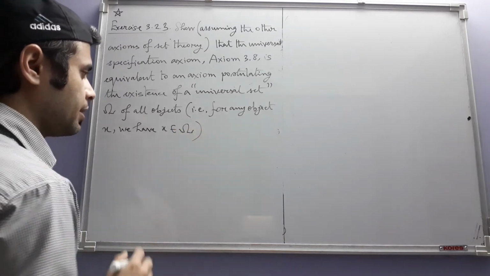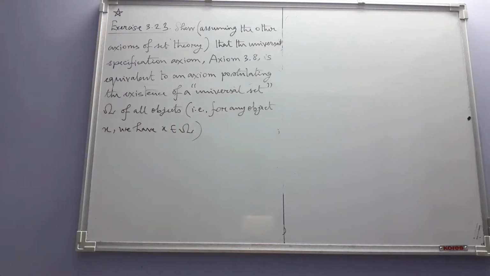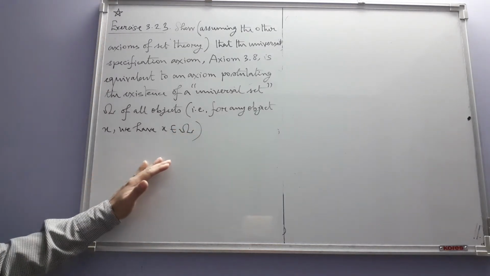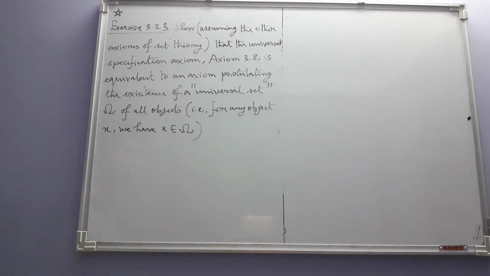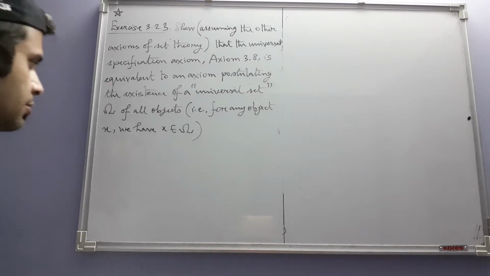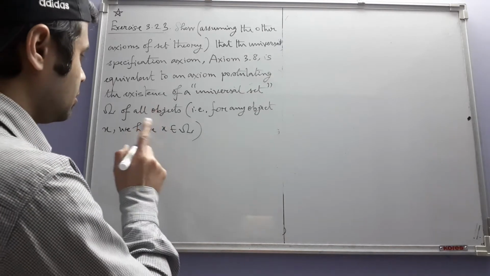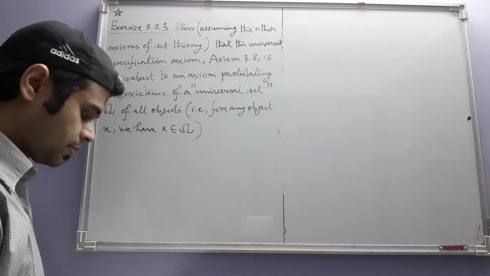So this is the exact opposite of the empty set. In case of empty set, for any object x, x does not belong to the empty set. Here x belongs to the universal set. And note that this is the set of all objects.